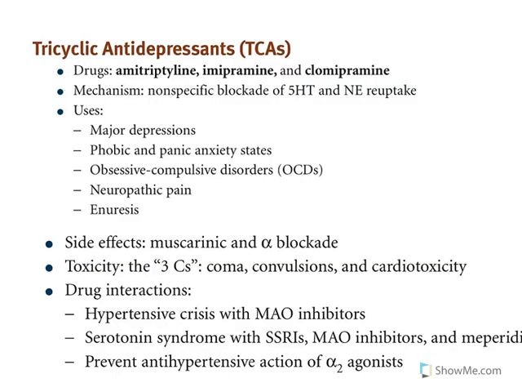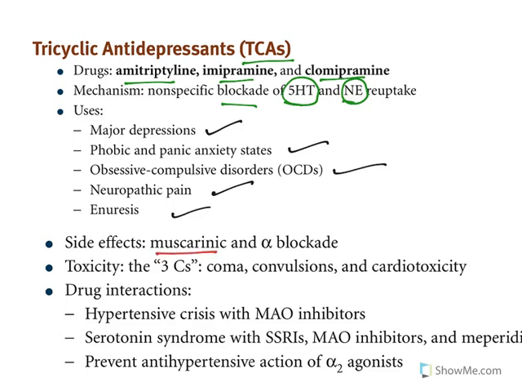Moving to the next group, tricyclic antidepressants: amitriptyline, imipramine, clomipramine. They non-specifically block serotonin as well as norepinephrine reuptake. The major uses are to treat major depression, phobia and panic anxiety stress, OCD, obsessive compulsive disorder, neuropathic pain, and enuresis. As for adverse effects, the major problem is that they cause muscarinic as well as alpha receptor blockade. The other toxicities are commonly known as the 3Cs: coma, convulsions, cardiotoxicity.